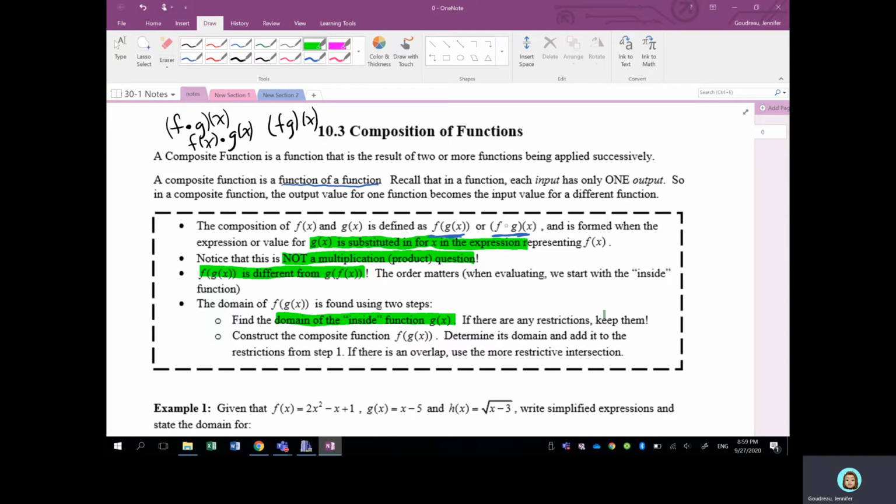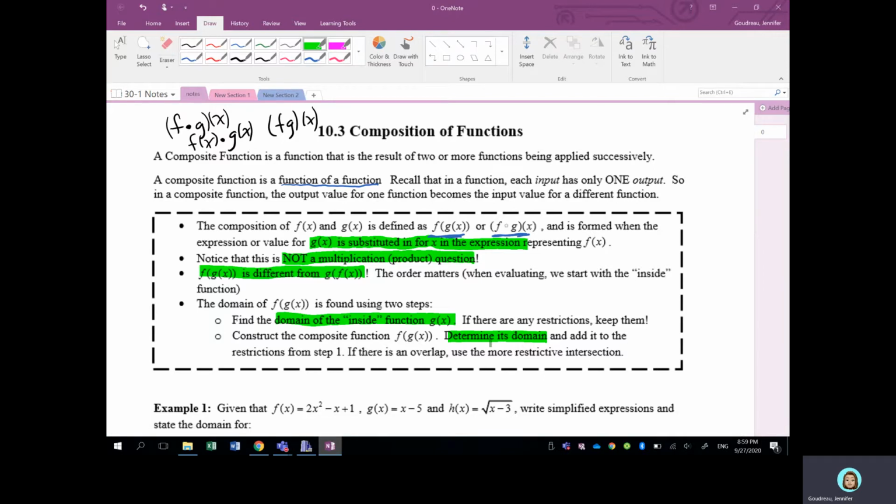Then construct the actual composite and look at the composite itself. Determine the domain of the composite and then put your restrictions from the composite, if there are any, together with the restrictions from the inside function.